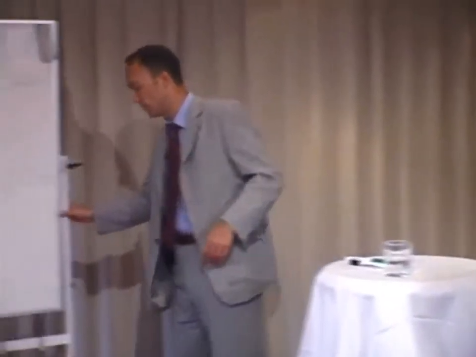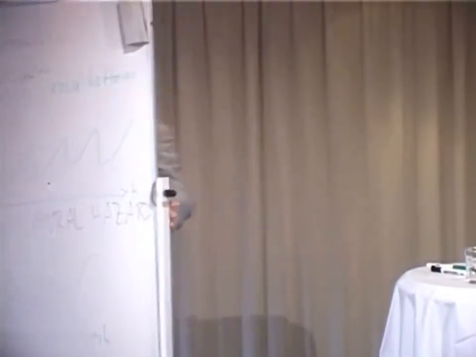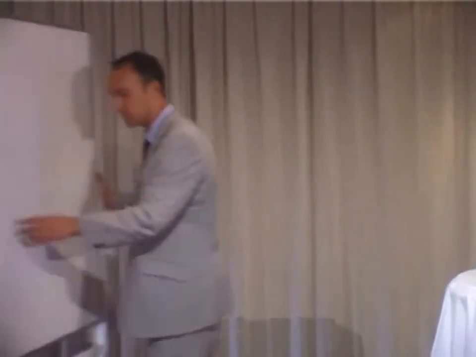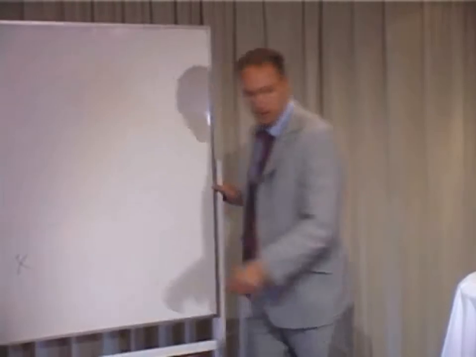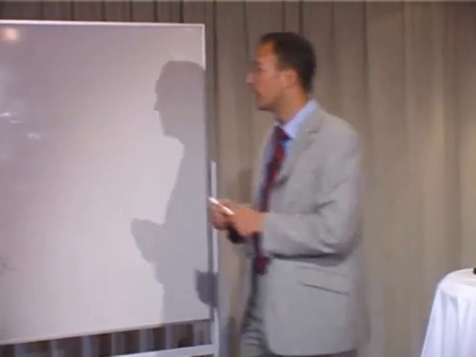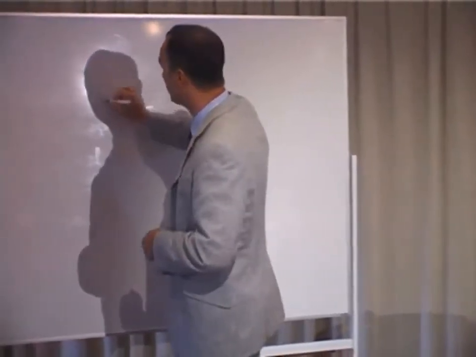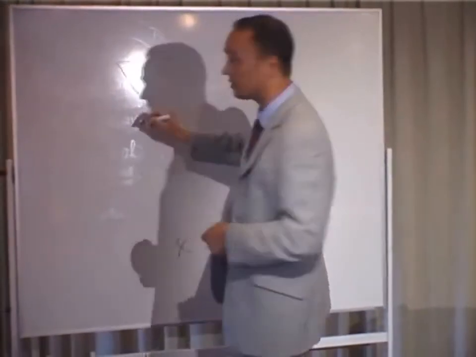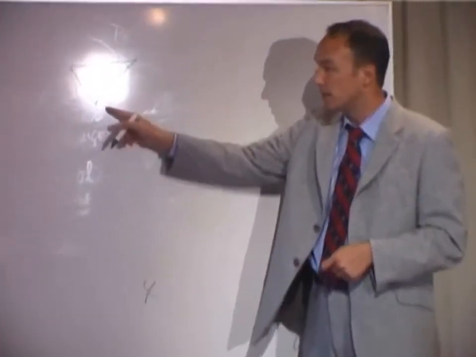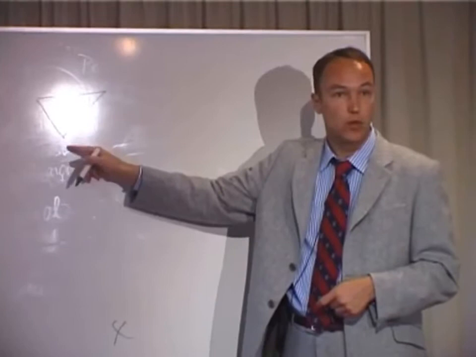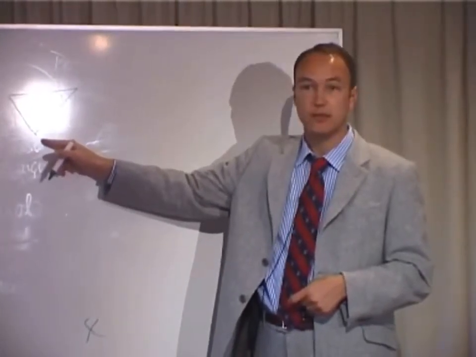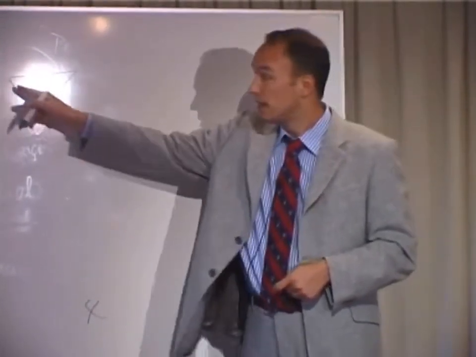Now why is this so? We'll illustrate this with another diagram. We can illustrate the principle of fractional reserve banking with an inverted diagram. Inverted because the lower point stands for the reserves, right?